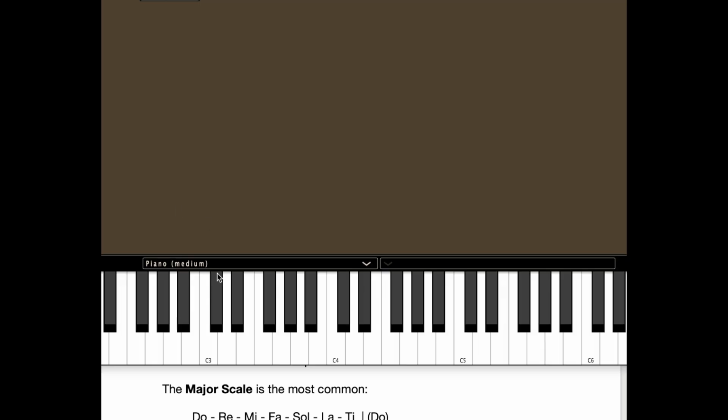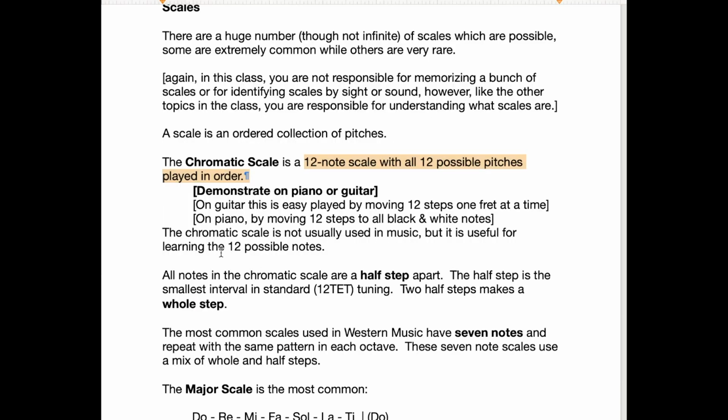So that just means that the 12 notes that we have in 12-tone equal temperament, it's just all of them in a row. So that would be like this. So I'm starting and ending on C, so that would be the 13th note, but there are 12 individual notes. So that's the chromatic scale.